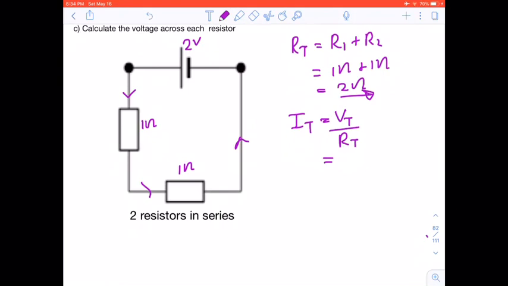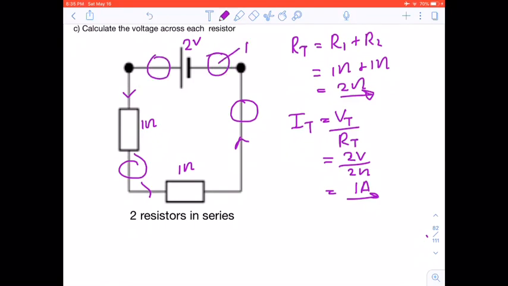Total voltage is 2 volts, total resistance is 2 ohms. So the total current is 1 amp. If I put my ammeter there, or there, or there, all are going to be reading 1 amp.